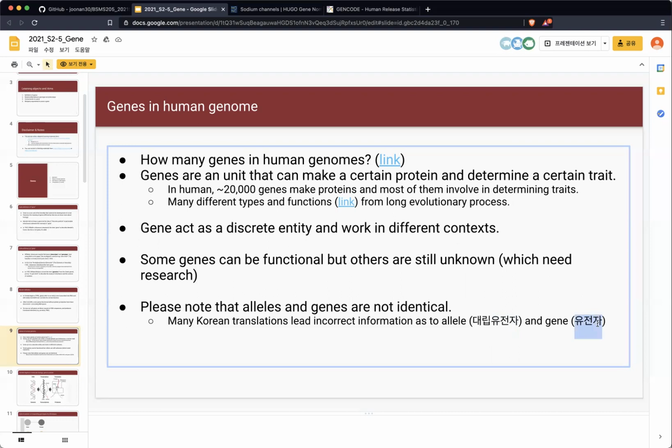Because of the translation, many media contents or even professional materials are missing the information and bringing the wrong information to the public, and it's always been an issue in biology topics. So please keep in mind that these two things could have quite different meanings in different contexts, so we have to be cautious for the proper use.